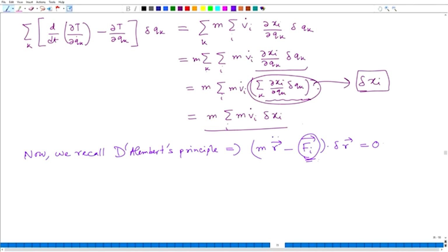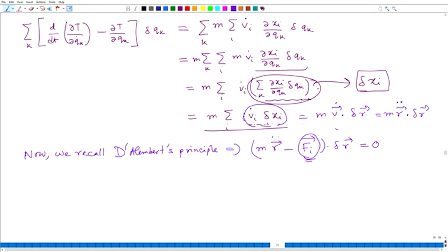Okay. If I have this, I can actually check that here you have this summation over i of v i dot delta xi is nothing but m. I have made a mistake over here. There are two m's everywhere. Sorry for that. So, here you will have m summation over i. It will be simply v dot delta r or m r double dot delta r.